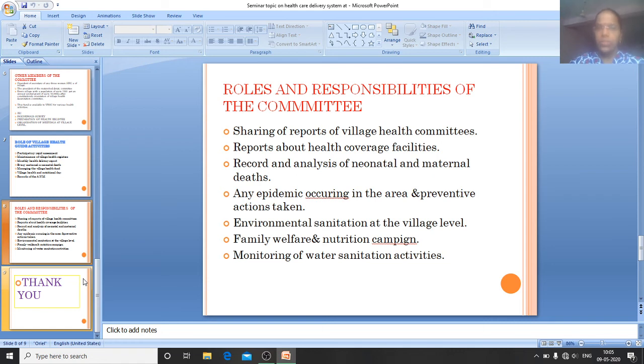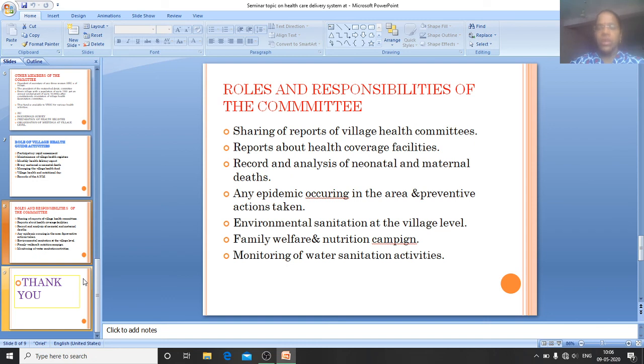Prevention action means bleaching powder, hydrochlorinating, disinfection, and health education about hand washing techniques. For example, with corona, we take all the preventive measures and give health education to all the community people to prevent the corona spreading: wearing the mask, sanitization, and using hand sanitizers.